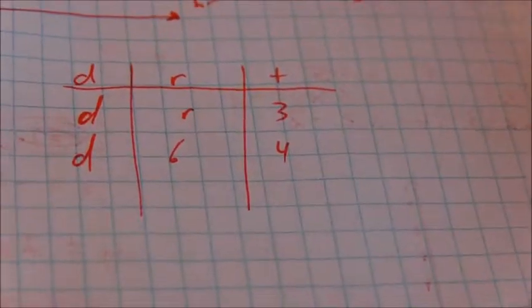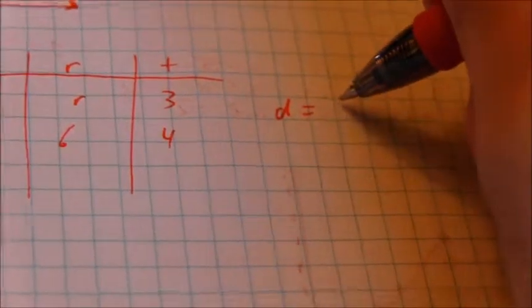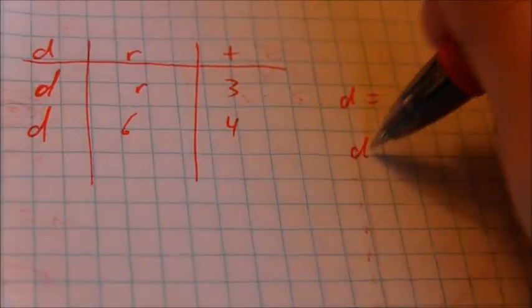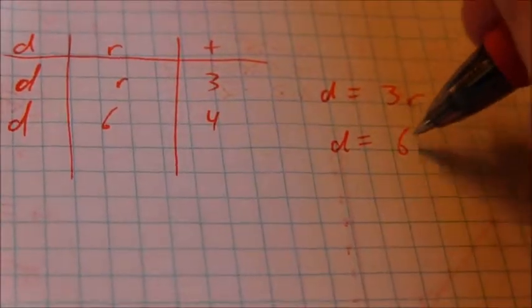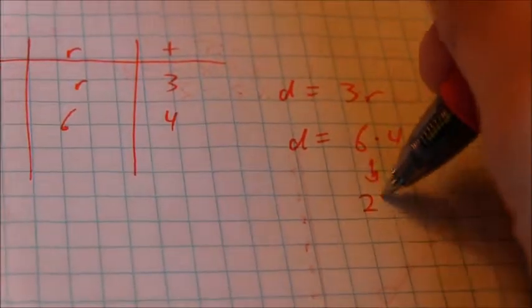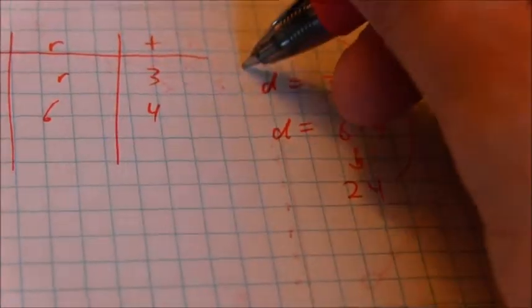So I should be able to set up equations pretty easily here. I know that distance is equal to rate times time. So my first equation is going to be D equals the rate R times 3. I'm going to write that as 3R. The second equation: distance is equal to 6 times 4. And of course we find that D is equal to 24. Substitute that back into my original equation.